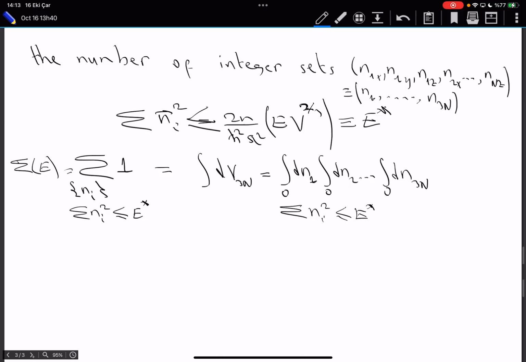Well, let me kind of change this. You see, p1 is h bar times k1, which is h bar times n1 times pi over L, or h bar pi over L times n1.